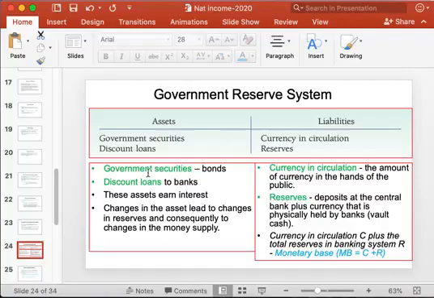So when government sells or issues bonds to the bank or the general public, then government actually takes out the currency from the banks or the general public, and that way it reduces the supply of money in the economy.